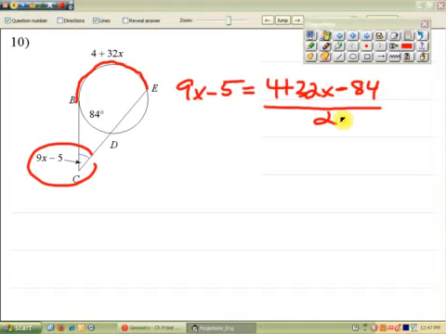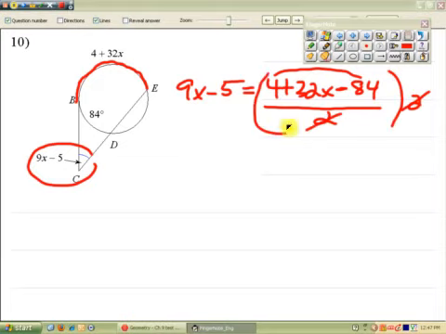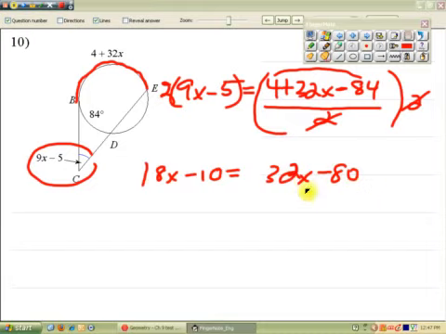So the setup is the same as in number 8 and number 9, but this time my algebra is harder because I'm using equations instead of just numbers. Here you would combine like terms, 4x minus 84. You're going to multiply by 2. I have 18x minus 10 equals 32x minus 80. And then you solve the rest of the equation. You get x is 5.